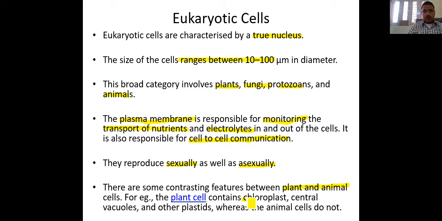The chloroplast is an organelle which is available in the plant cell, whereas the chloroplast is absent in animals.